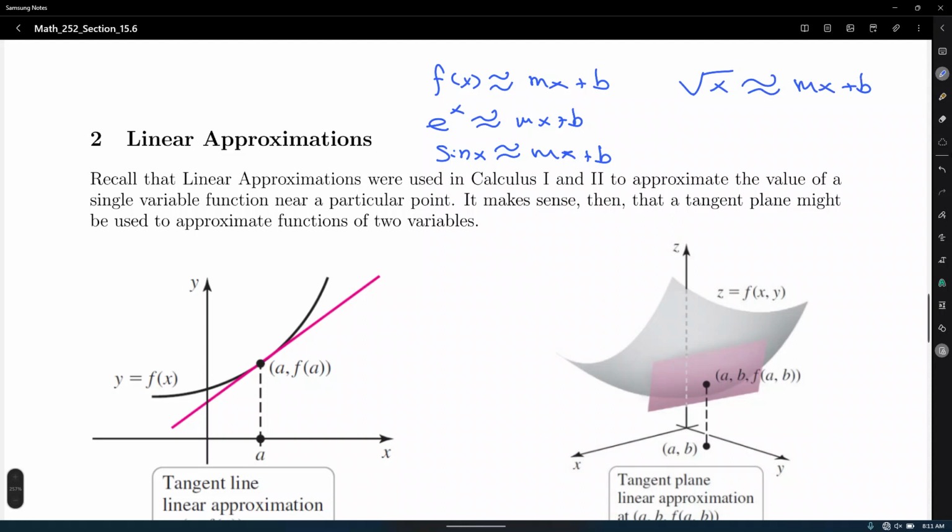Because for instance, let's look at the first graph right here. Well, this looks a lot like the exponential function, right? So in a very restricted interval, we can approximate this exponential function with a linear function. If you want the exact value, that's just at the point of tangency.